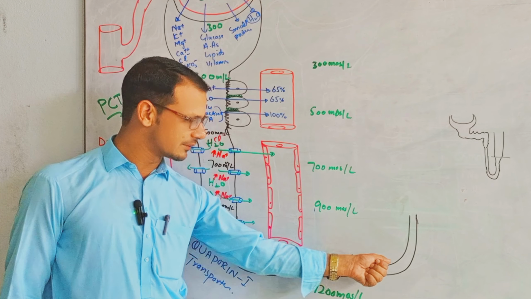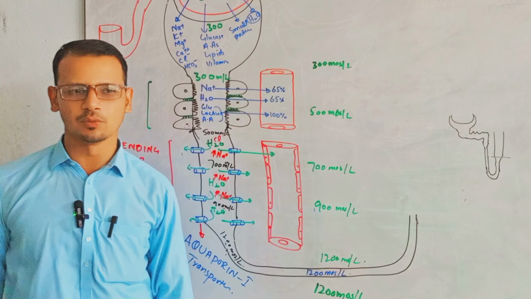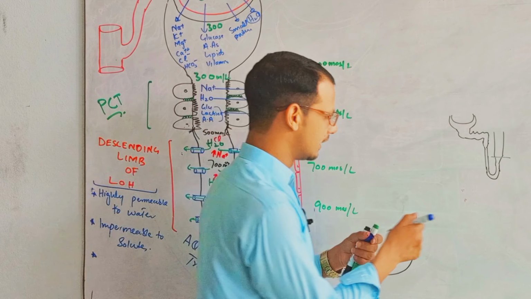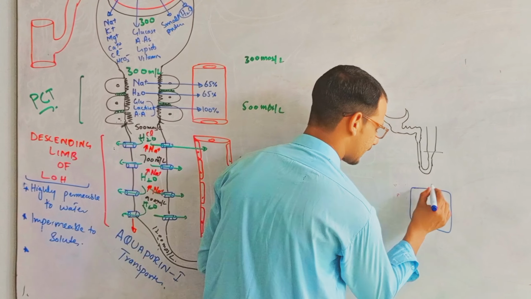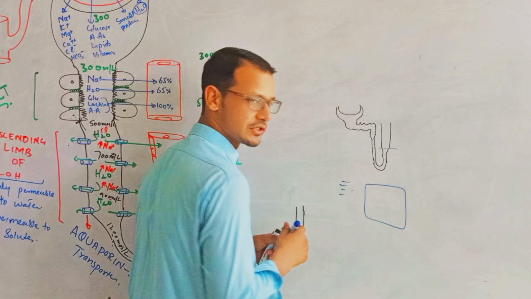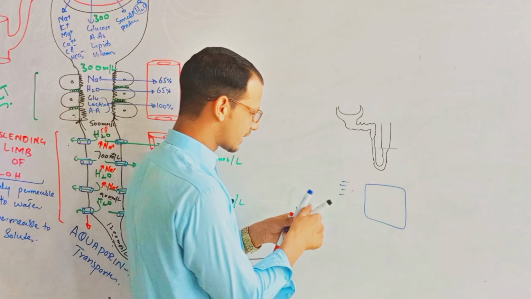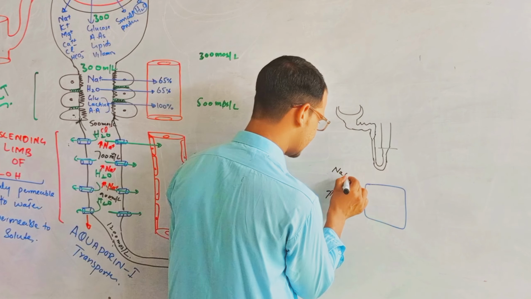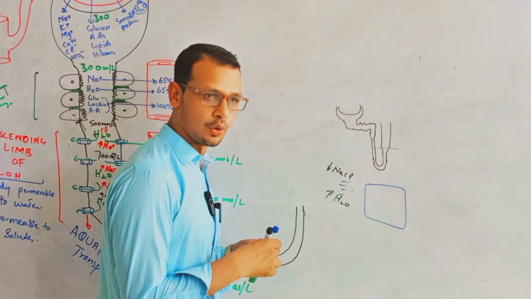It allows the sodium now to leave this lumen, because in concentration gradient, for example, if this is the cell and this is the interstitial fluids, and here the water concentration is high and the NaCl concentration is low.